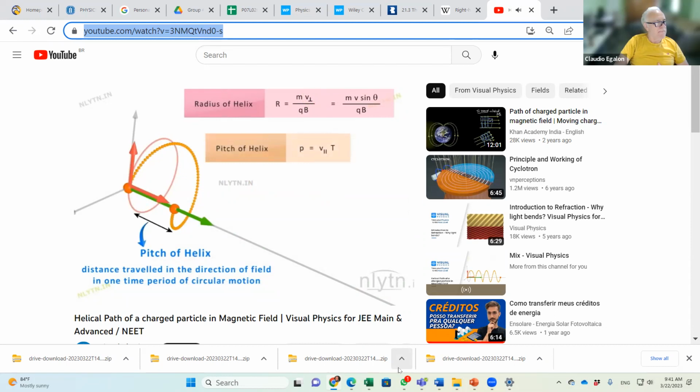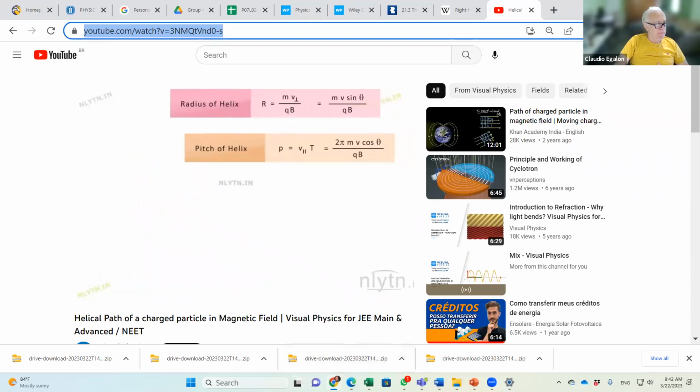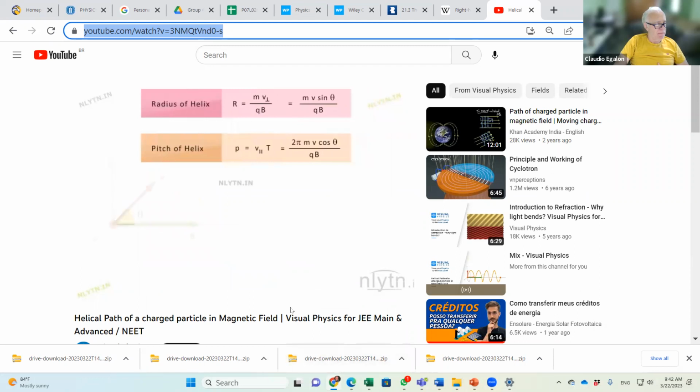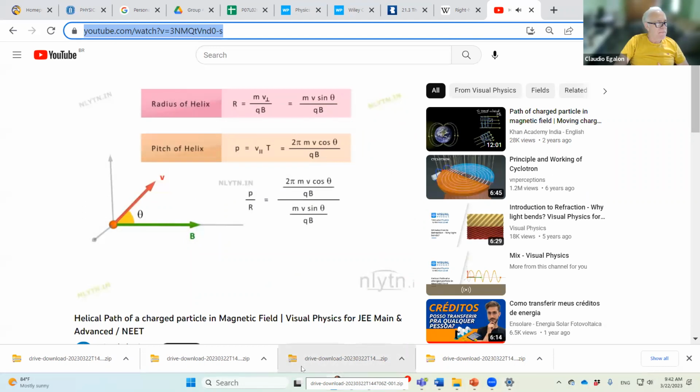Here, the time period of circular motion does not depend on the velocity of the particle. Therefore, the pitch of the helix depends only on the parallel component of velocity. So for the given velocity and angle, the ratio of pitch to radius of a helix will be equal to this term.